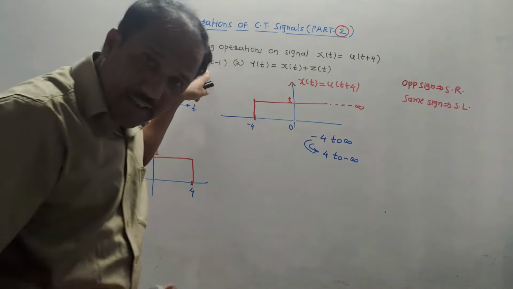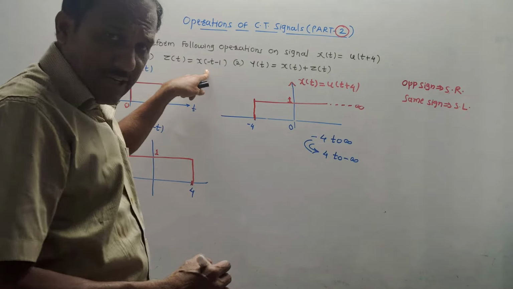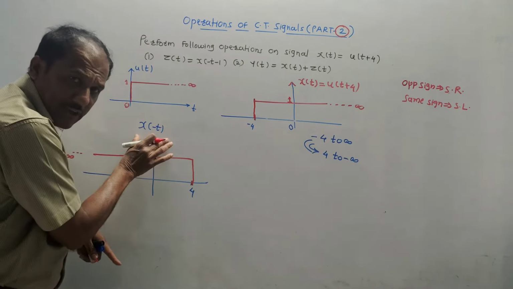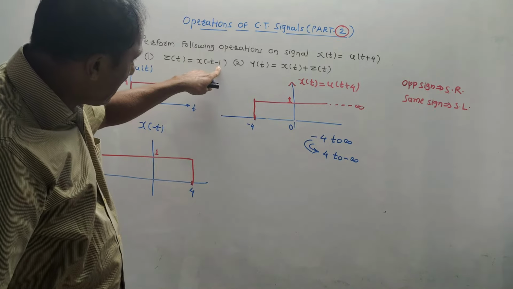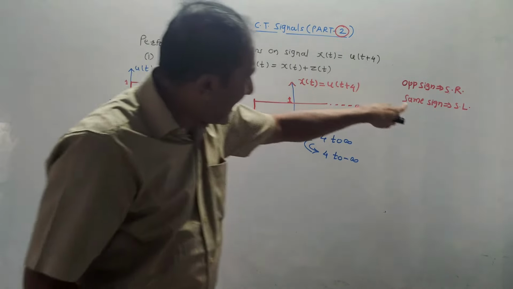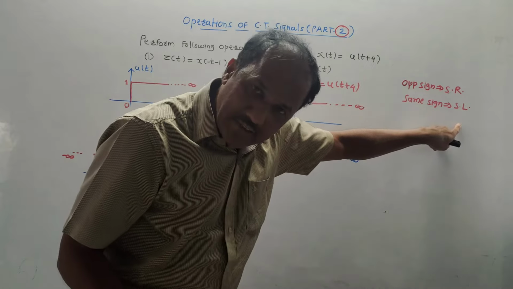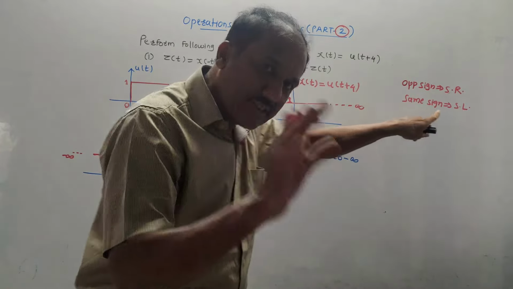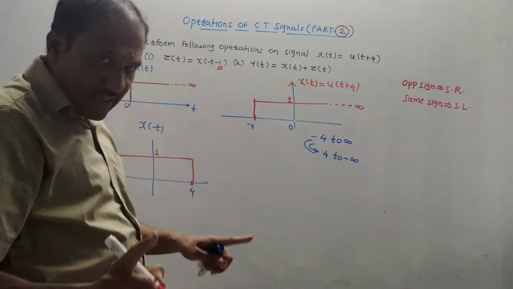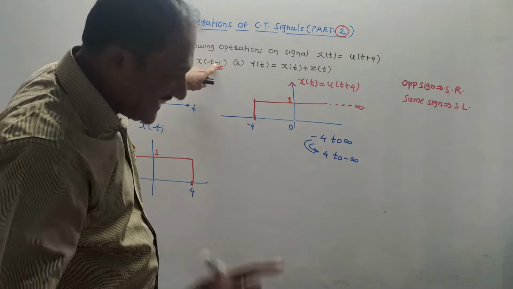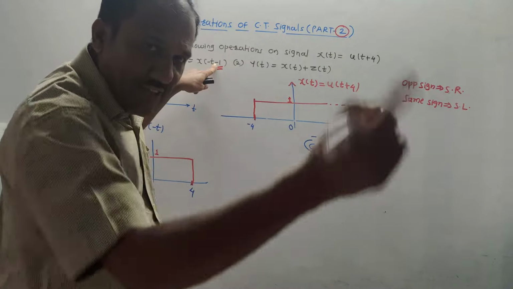I am not directly drawing the diagram of x of minus t minus 1. First, I have drawn the diagram of x of minus t. Then, think like this. It is x of minus t minus 1. So minus minus is again same sign. Same sign means we have to shift the diagram towards left. By how many positions? By 1 position. Do not get confused. This minus sign is just indicating whether shift left or right.